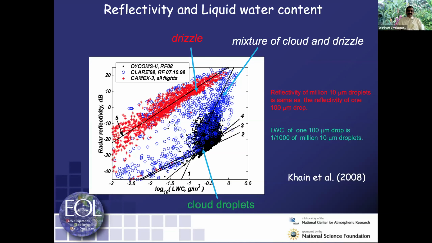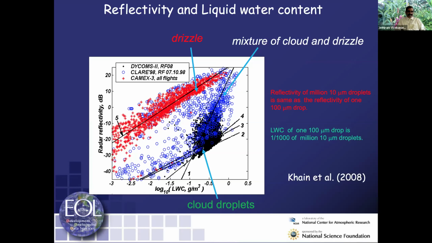For drizzle drops, it is just 1,000th of that for the cloud droplets. Hence, for a given dBZ, we need to know whether we are looking at drizzle, cloud droplets, or a mixture of cloud and drizzle. Once you know the droplet size, then we can do a very good job. That's the important thing to understand.